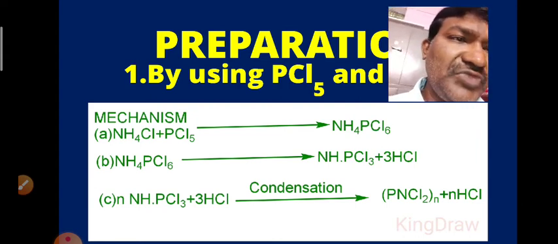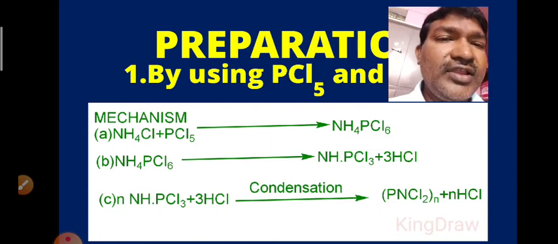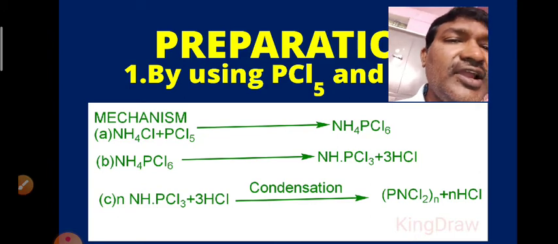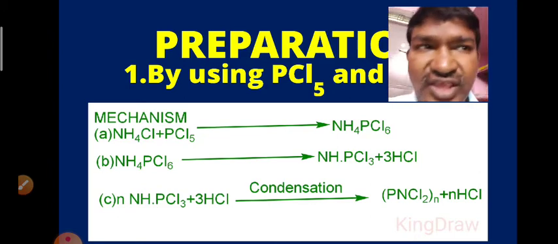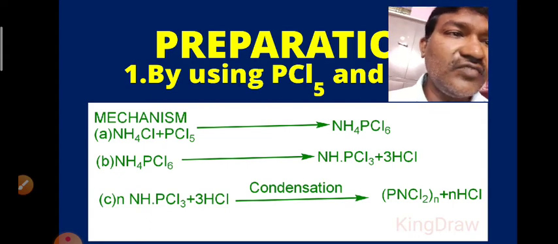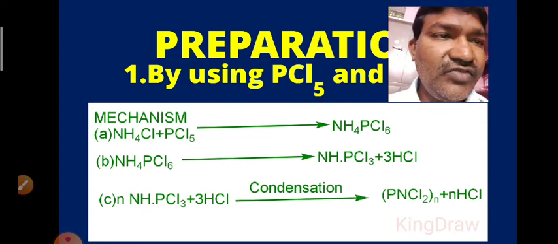In each step HCl molecules are removed gradually, and only N is retained in the mixture. All hydrogens are removed in the form of HCl. In the first step we get this salt.